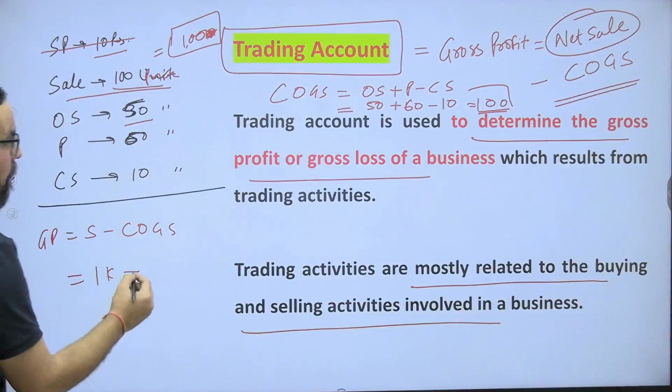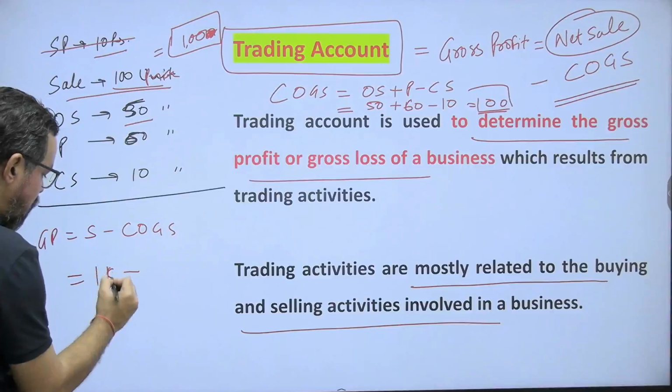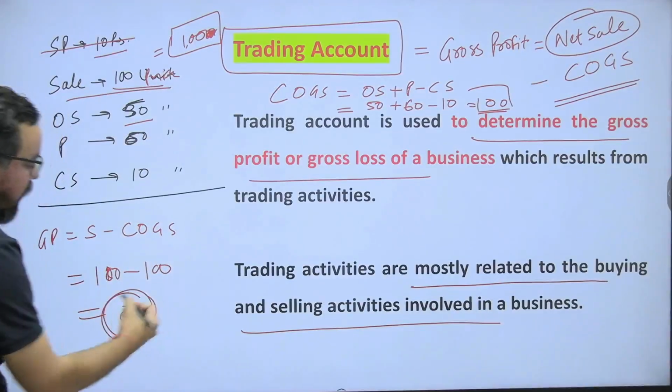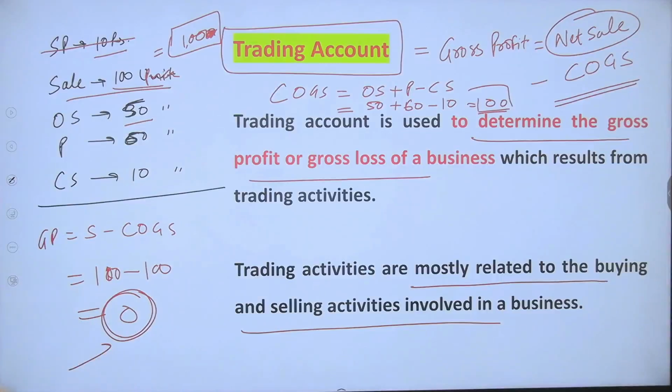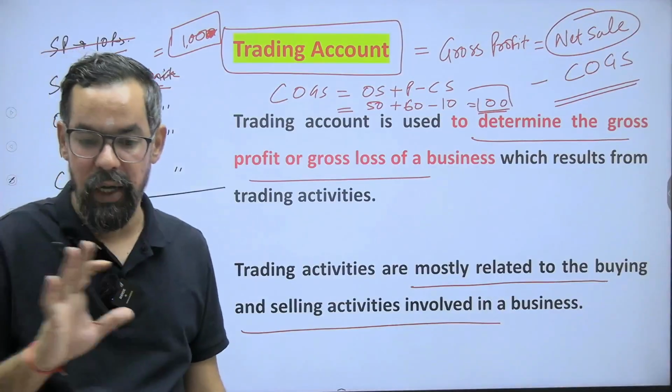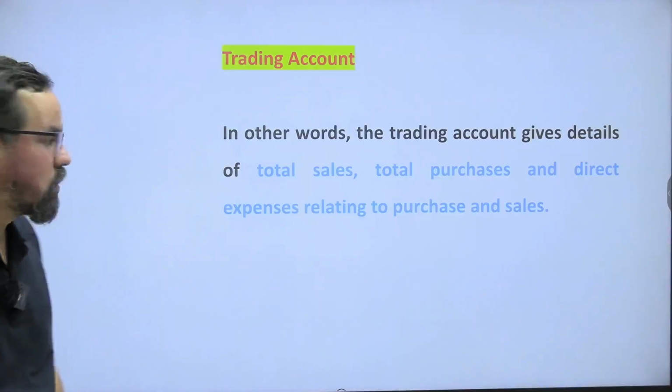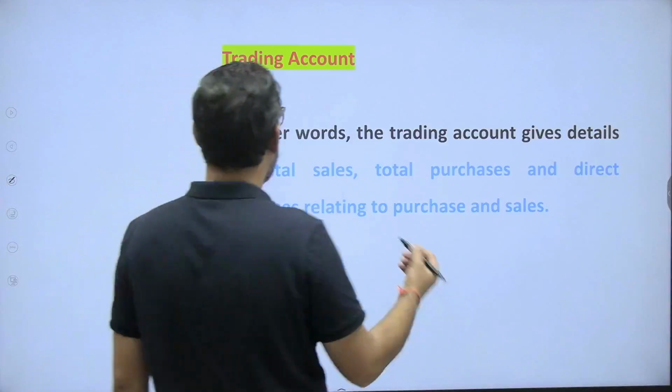So your cost is also 100. So 100 minus 100, so your gross profit is 0 in this particular case. Understood? This is where we generally calculate these things. We'll practice more questions.